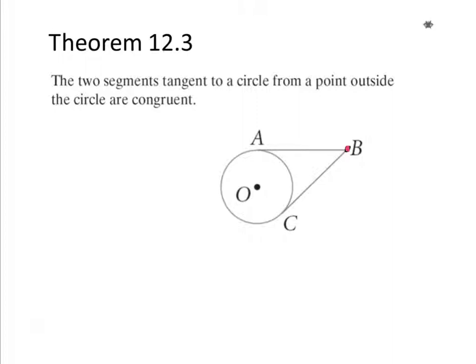If these two are tangents to circle O, AB and BC, and they intersect at a point outside the circle, then these two segments have to be congruent. So segment AB is equal to segment BC. That's what this theorem states.